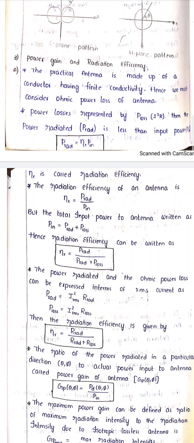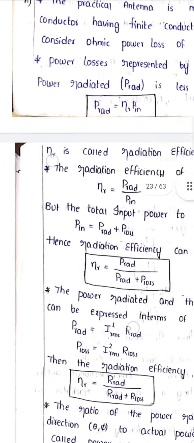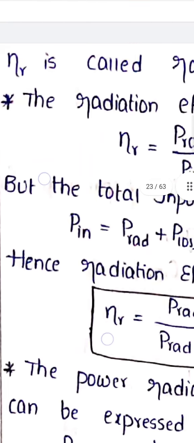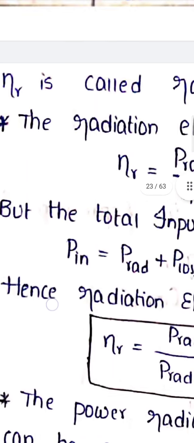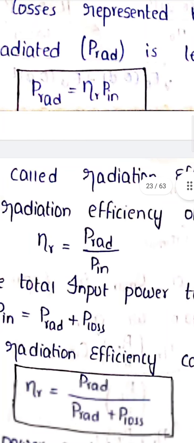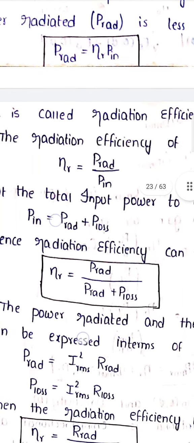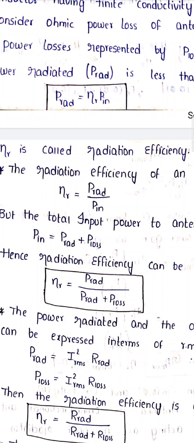Hence the radiation efficiency is equal to the power radiated divided by the total power input to the antenna.